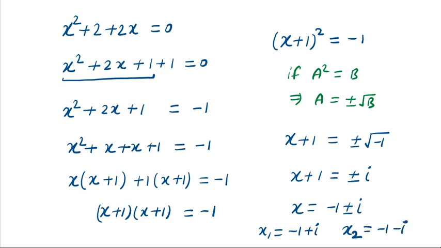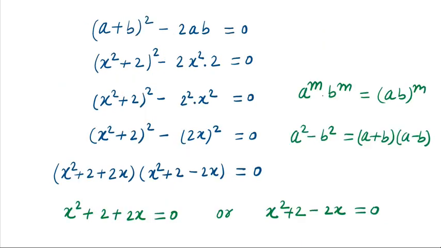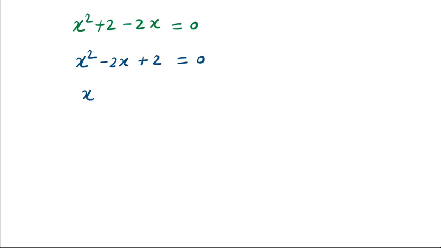Now solve case second. Case second is x square plus 2 minus 2 times x is equal to 0. Here x square minus 2 times x plus 2 is equal to 0. Then x square minus 2 times x plus, we can write this 2 as the sum of 1 plus 1, is equal to 0.